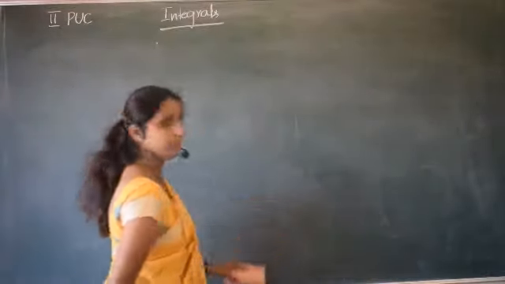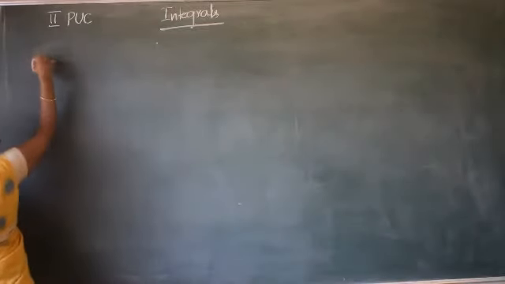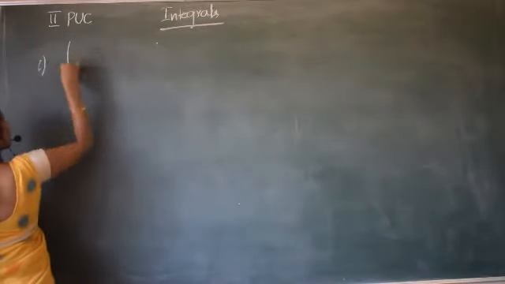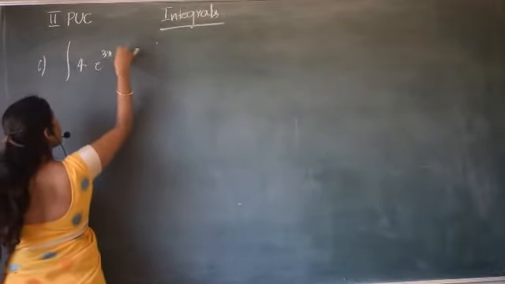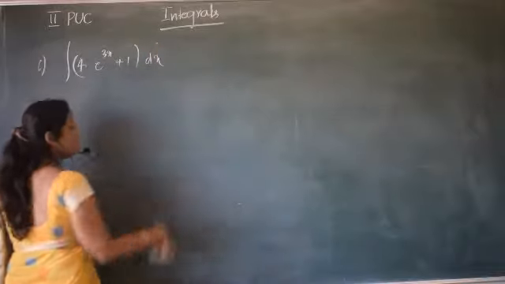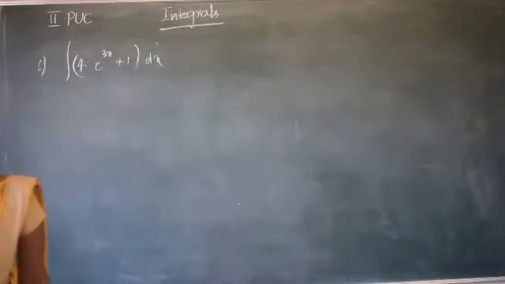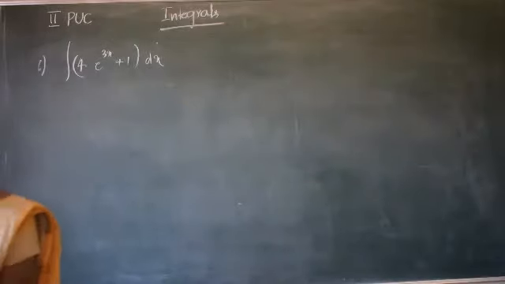Find the integral. Next problem: 4 into e power 3x plus 1. Find the integral of 4 into e power 3x plus 1. So what is the integral value we have to calculate?